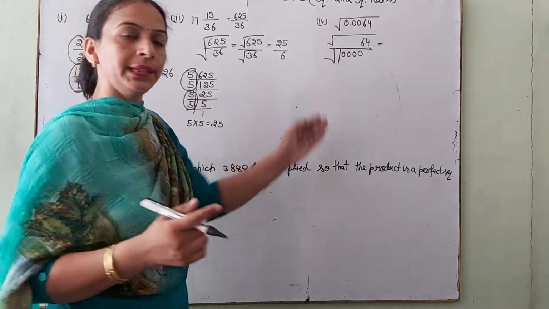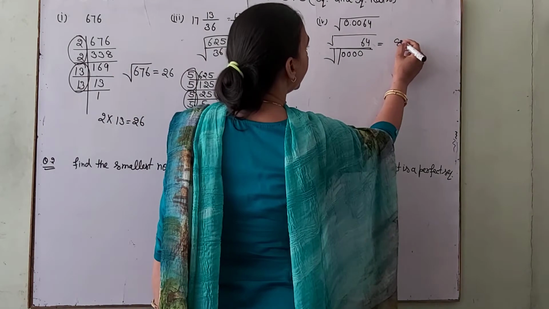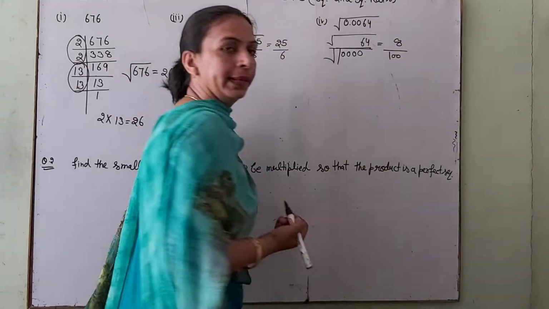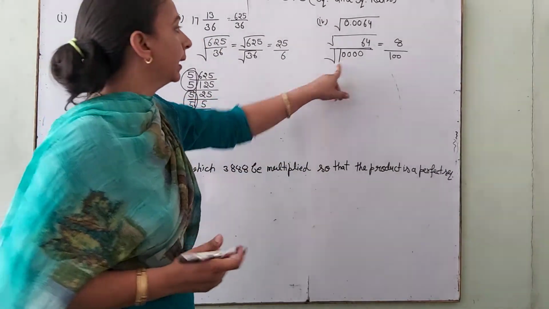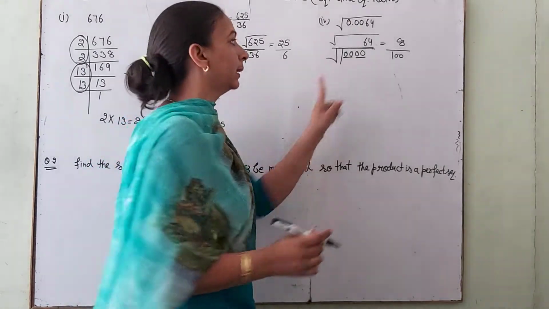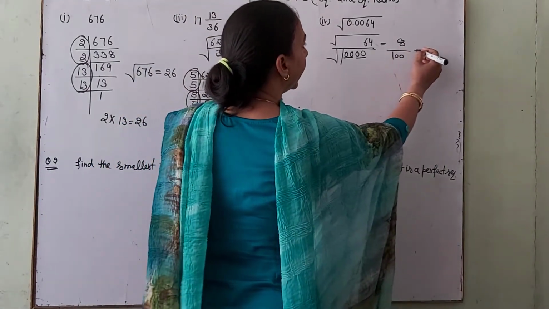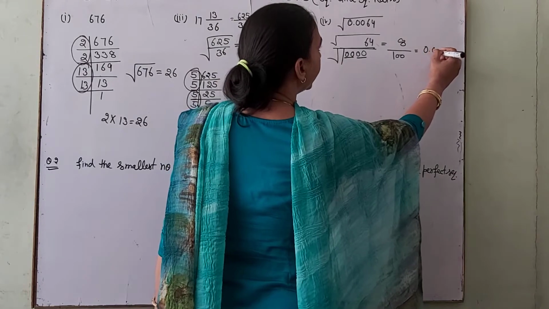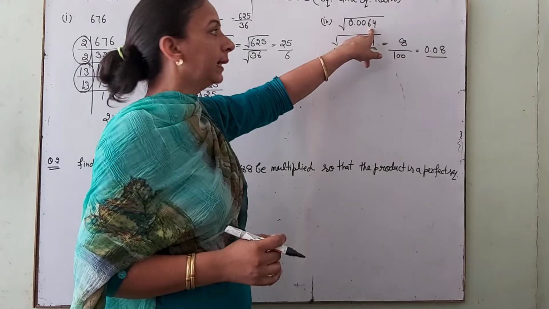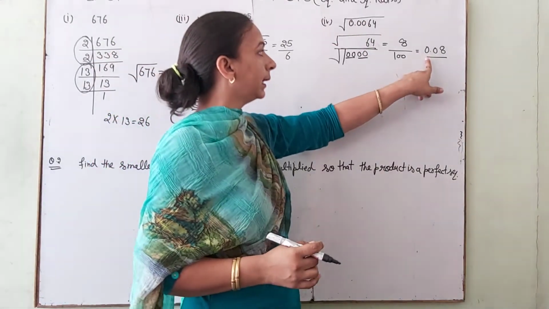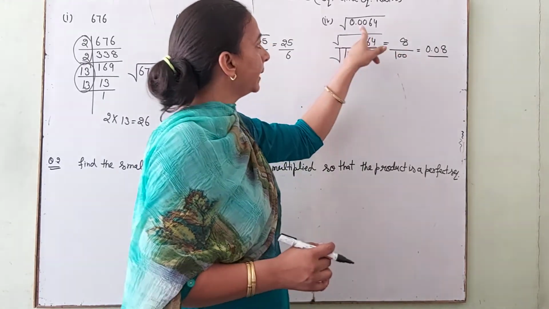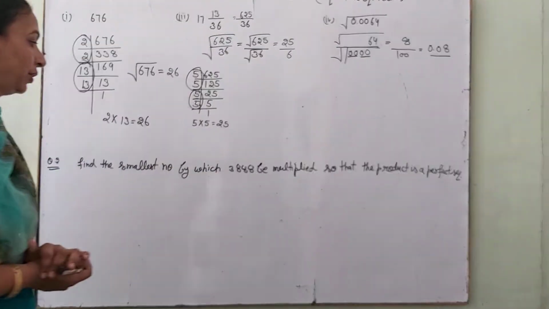The square root of 10000 is 100, since there are four zeros. So the answer is 8 by 100, which is 0.08. Students, if there are four digits in the number under the square root, the answer has two digits, 0.08. This is our first question.